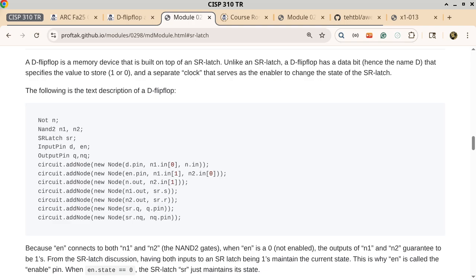Then what about the rest of the code? This is how we draw wires between the ports. In this case, I'm creating a node. That node is interconnecting the pin port of D to the first input of N1 to the only input of N. So those three ports are now connected.